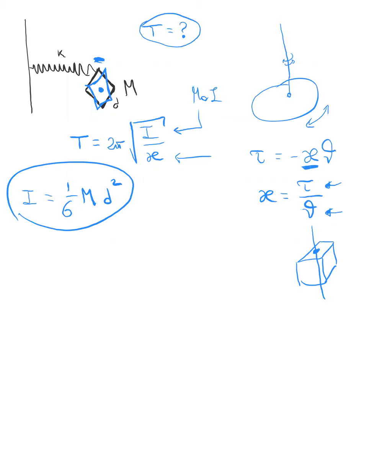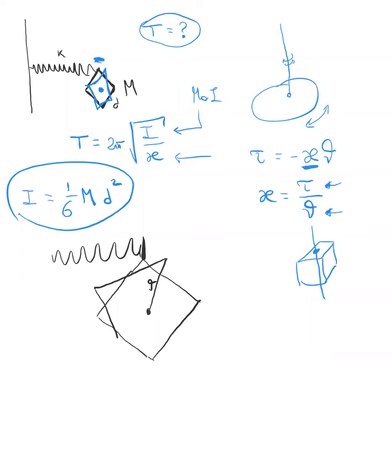To figure that out, I will draw my cube here. I will see there is a spring here, and I will see how much torque I get if I rotate this cube by some angle theta. So this is the new offset position. The question is, how much torque does this spring generate? Let's see. Torque is force times distance from the axis of rotation.